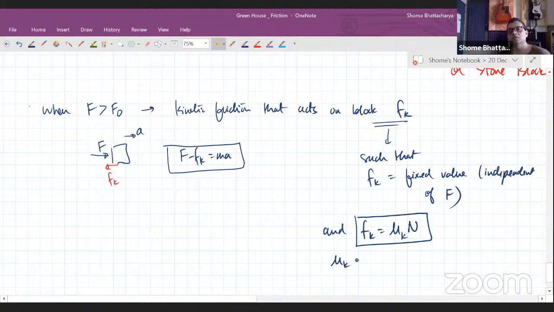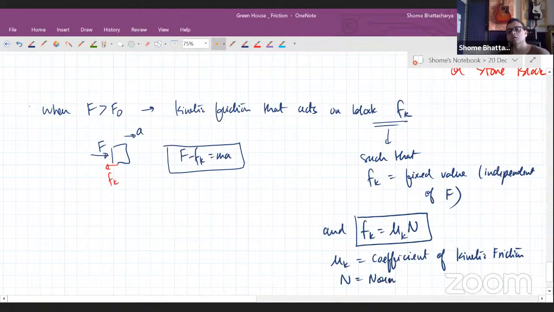And that fixed value of kinetic friction is given by the formula mu k into N, where mu k is the coefficient of kinetic friction, and N is the normal reaction.